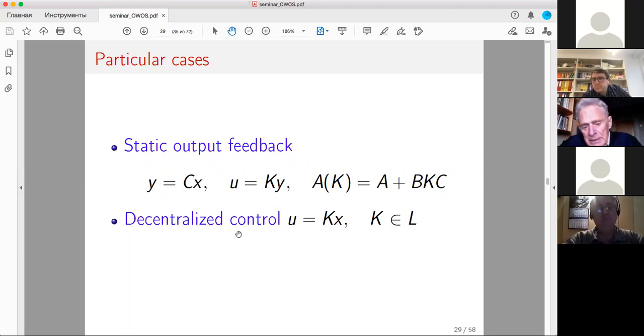The next example is so-called decentralized control, when we deal with state feedback. But now we are limited to some linear subspace of stabilizing controllers. For instance, we need some entries of K to be zeros. It's a very active field of research now.